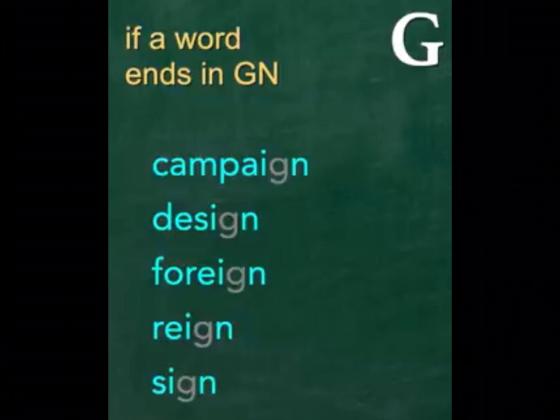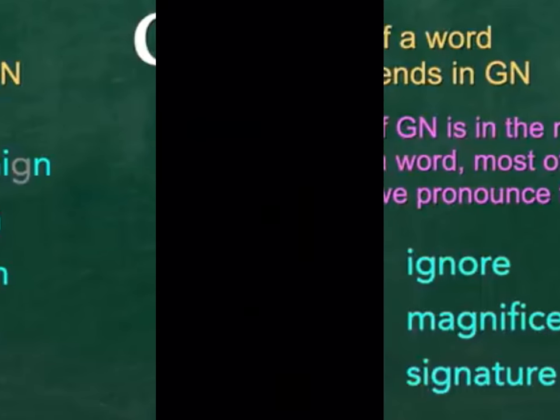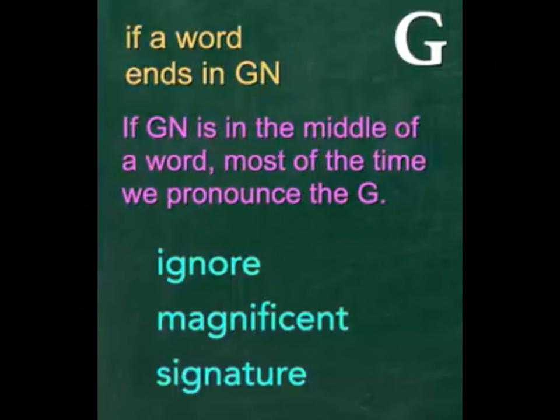We don't pronounce the G. We don't say design G. We don't say foreign G. We don't say sign G. Campaign, design, foreign, rhyme, and sign. Okay, take a good look at these, pronounce them with me, and let's move along.